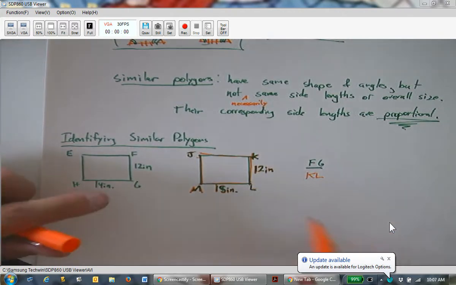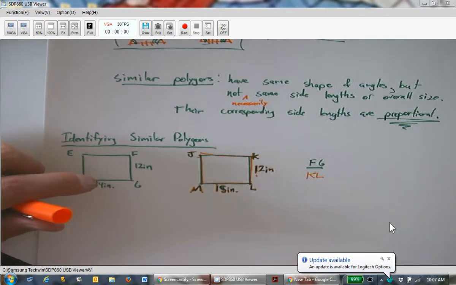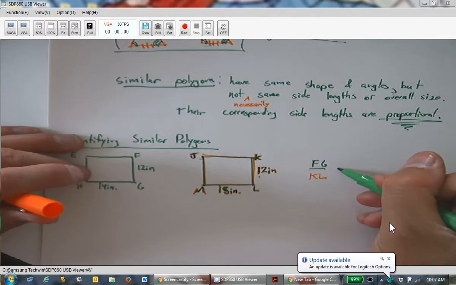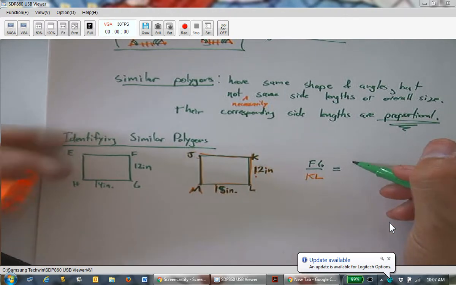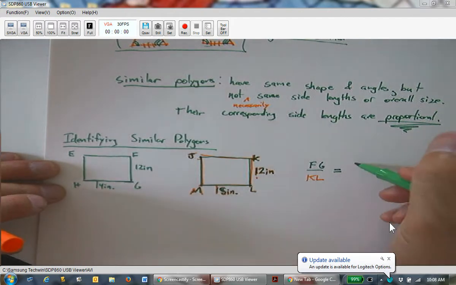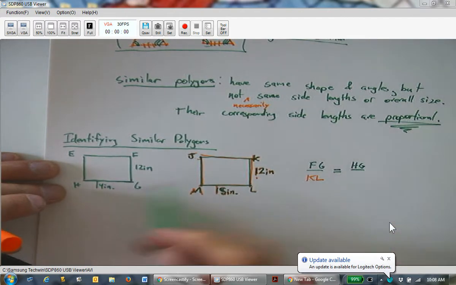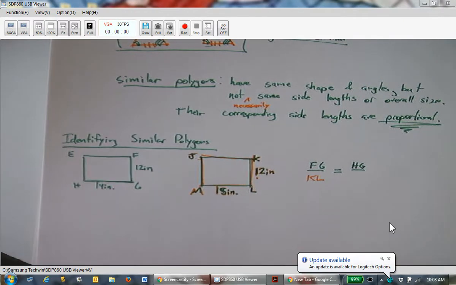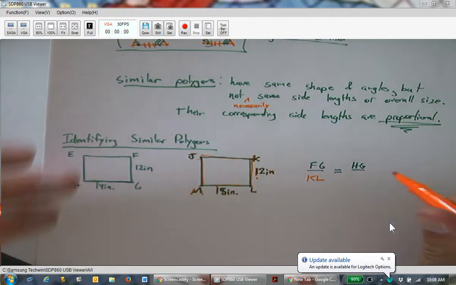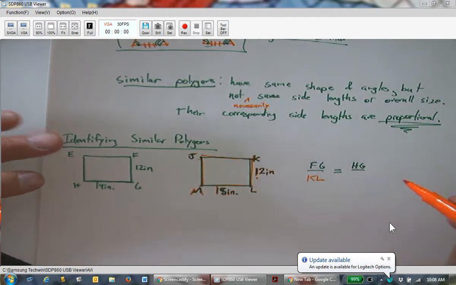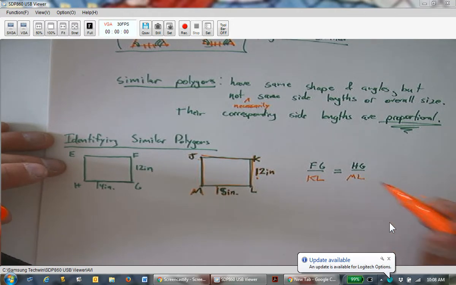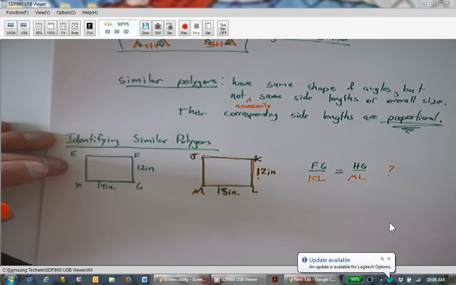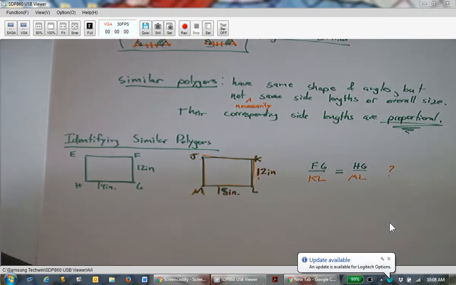In theory, their ratio should be equal to the ratio of HG and its corresponding side on this shape, which is ML. Are they equal to each other? That's how you determine if these shapes are similar.